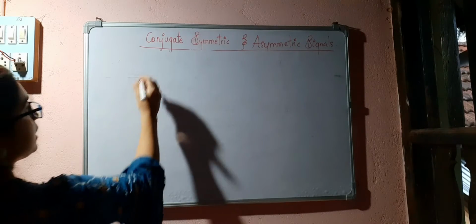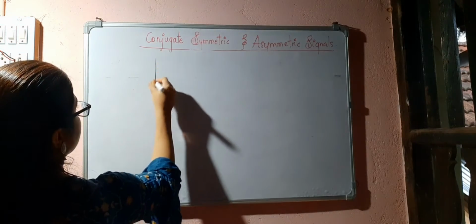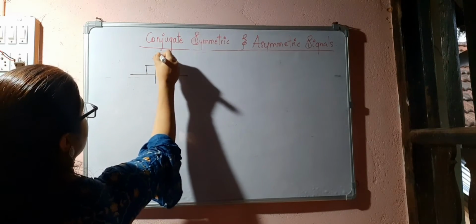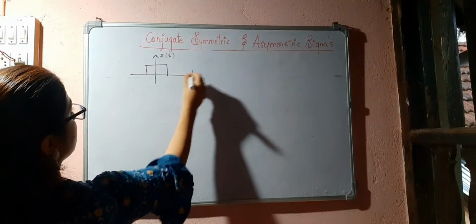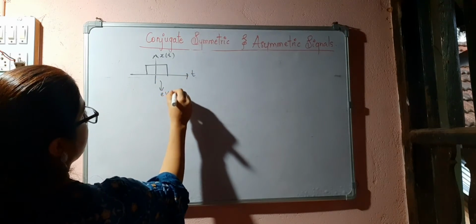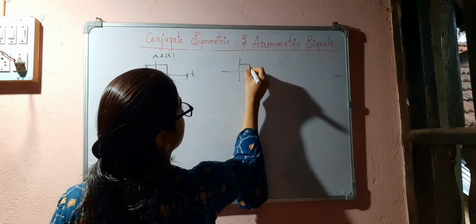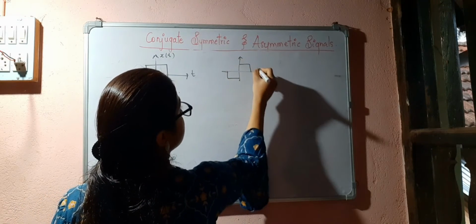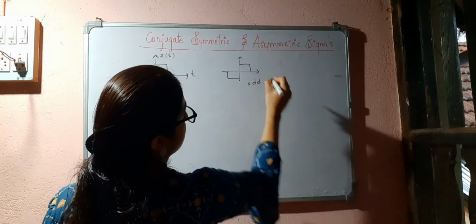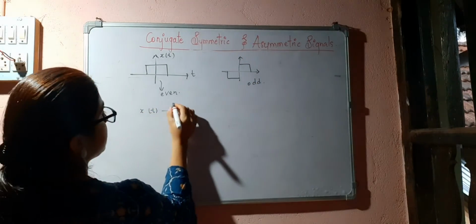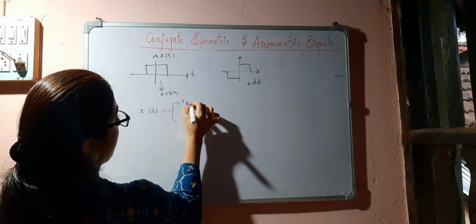Suppose I will give you a signal x of t. So this is an even signal, right? This is the even signal. This is an odd signal. Now suppose I have this signal x of t which has a real part and an imaginary part.